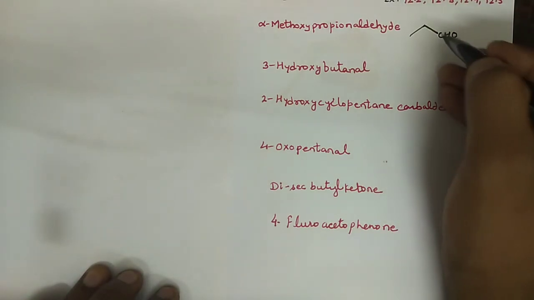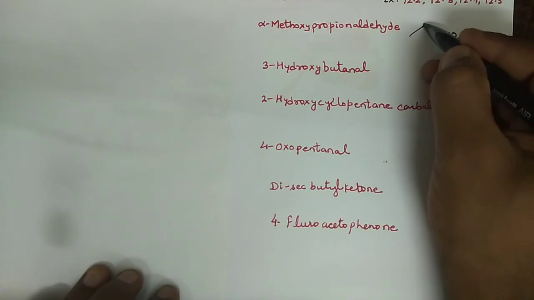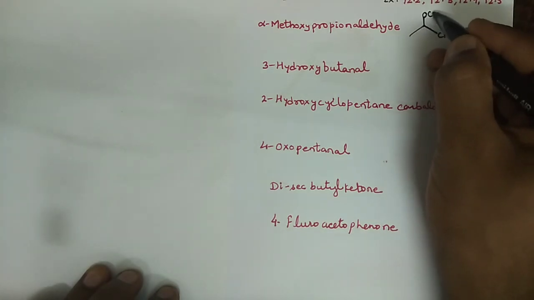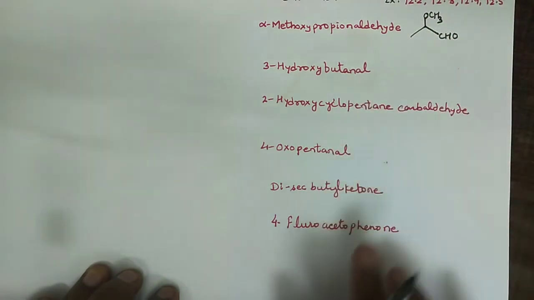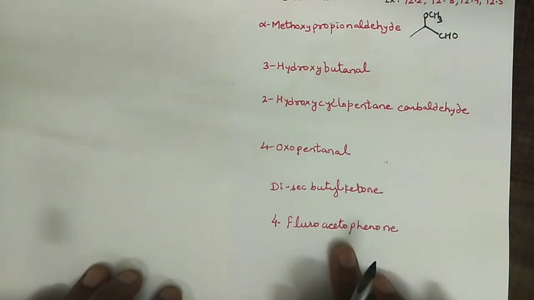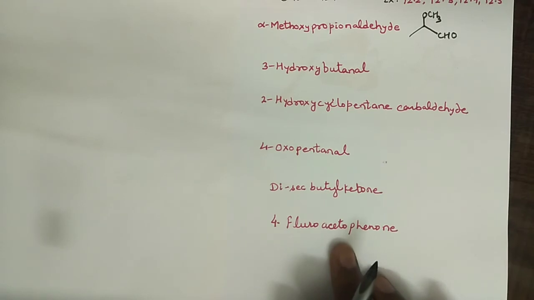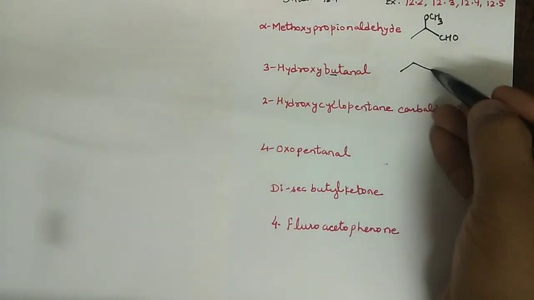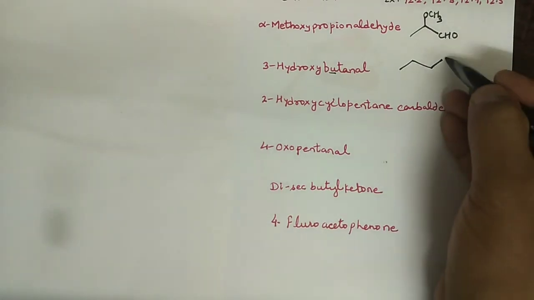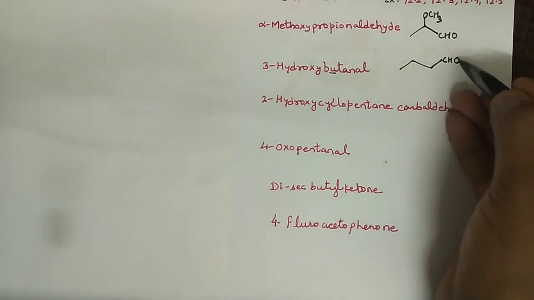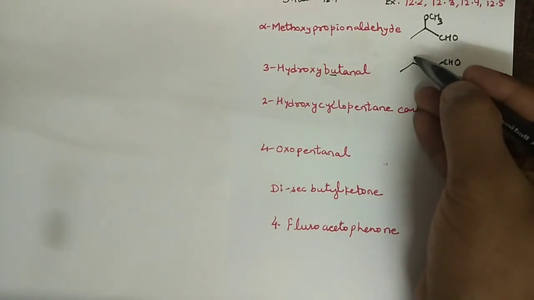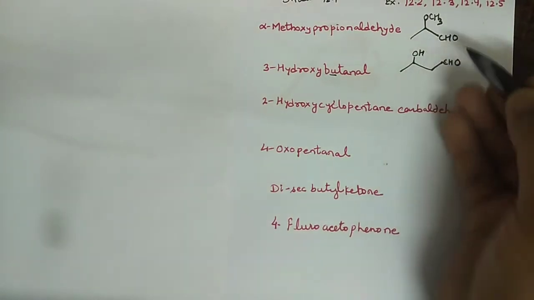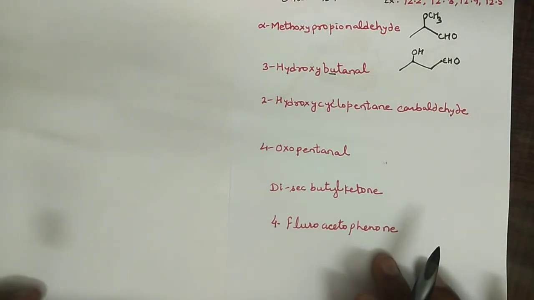And now on this first carbon we have a methoxy group, right? So this is the complete structure, alpha-methoxypropionaldehyde. Similarly, you have 3-hydroxybutanal. So first you have to draw the 4-carbon chain. This is butane, and if I change this to CHO, this becomes butanal, and this is first, second, third carbon, you have hydroxy, 3-hydroxybutanal.